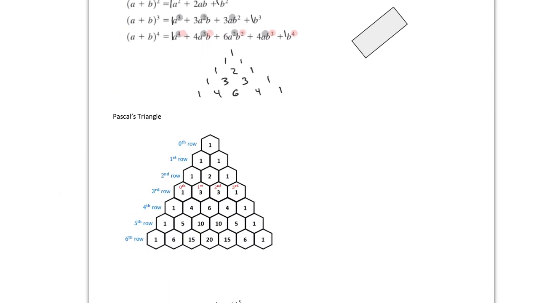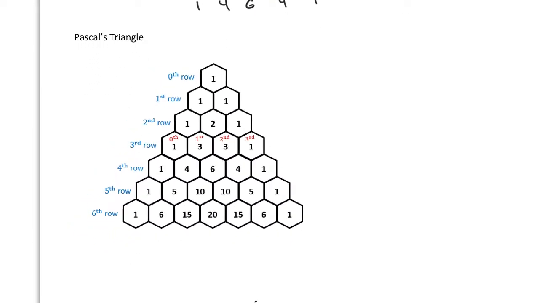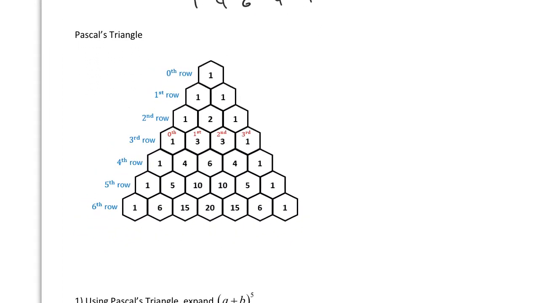When we look at Pascal's triangle, we think of these kind of rows. The way to create the triangle is you start with a 1, and then you put two 1s below it. Then every number is calculated as the sum of the two above it. So to make the third row, which is also called the second row, I add the 1 and the 1 to get 2, and I always have 1s on the outside.